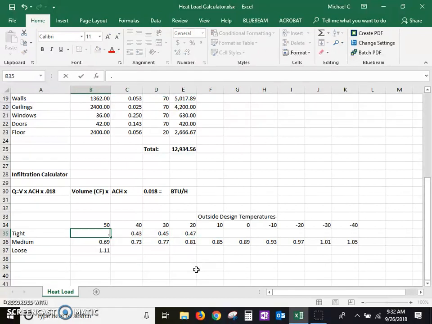It should be a 0.41. It's probably that my formula didn't work before.